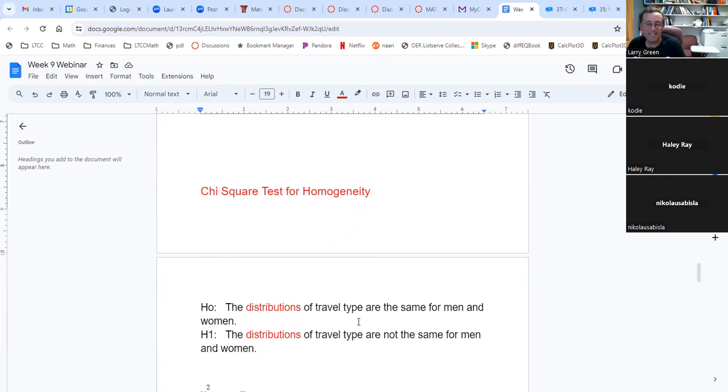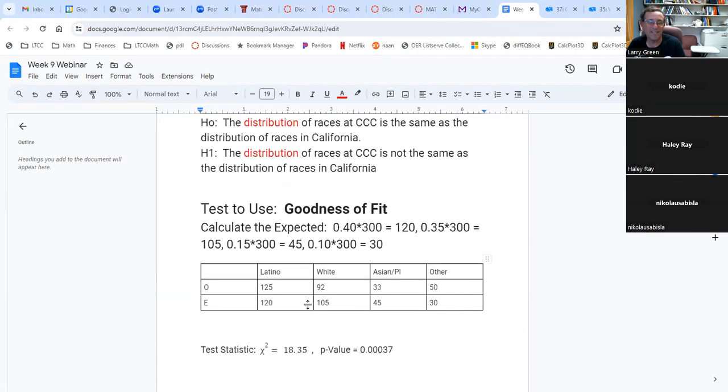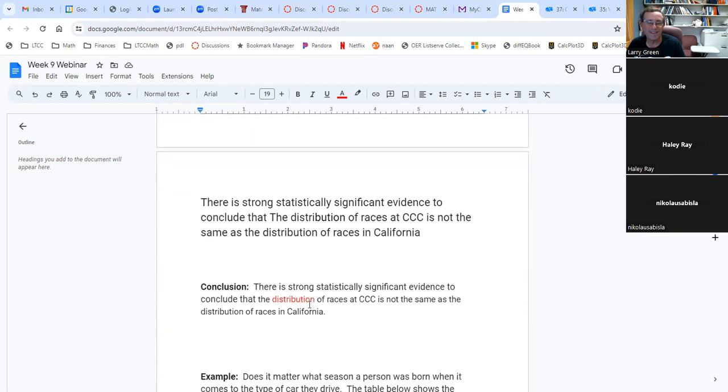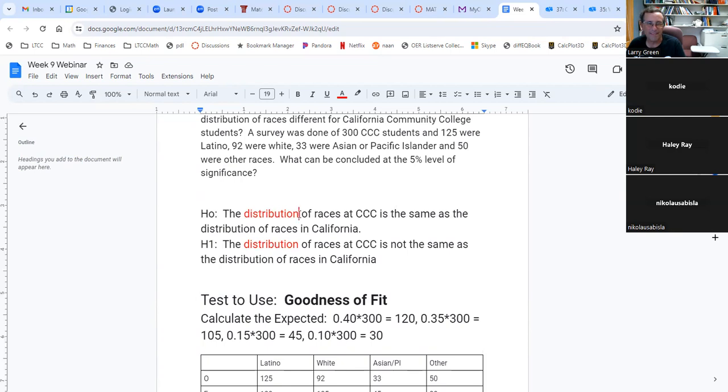Okay, H naught. The distributions of travel type are the same for men and women. Notice that in our goodness of fit, it's very similar, but instead of distributions, it's just distribution.